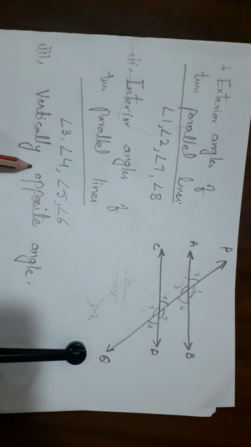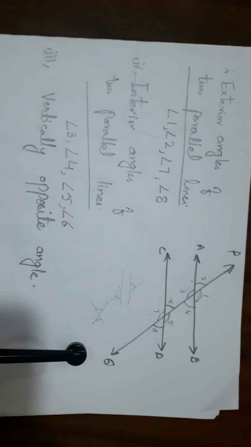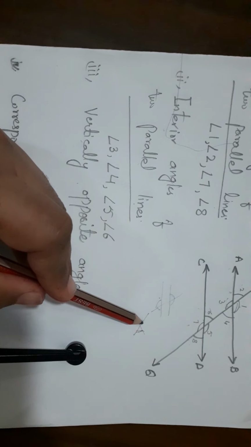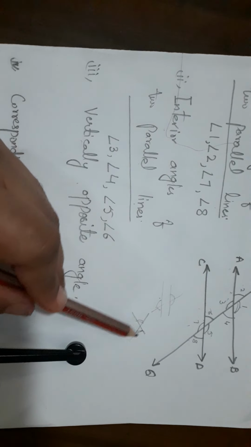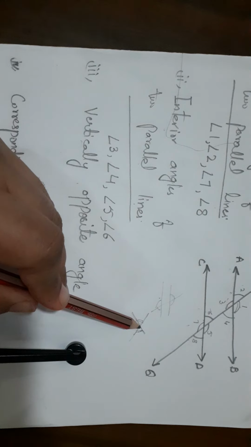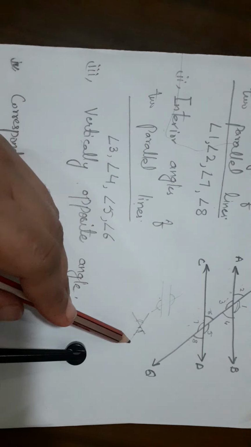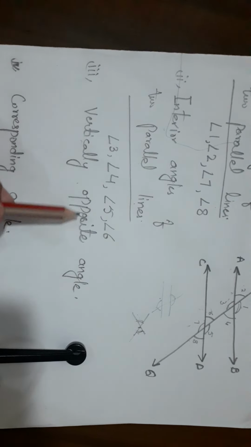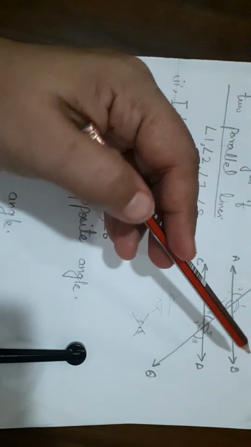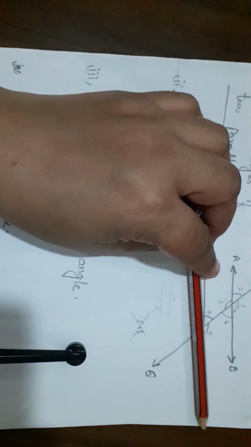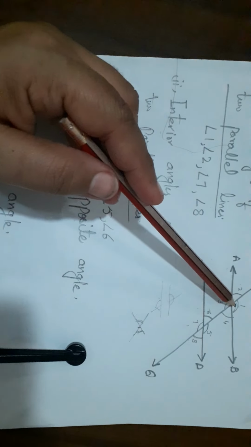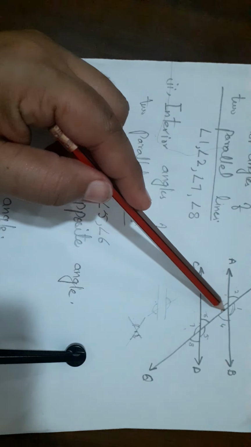So vertically opposite angle, yes, you know about this. When two lines cut one another at the same point, then the opposite angles are vertically opposite angles. On the upper side of the line, angle 1 equals angle 3.